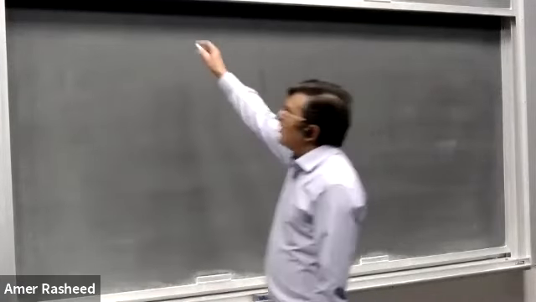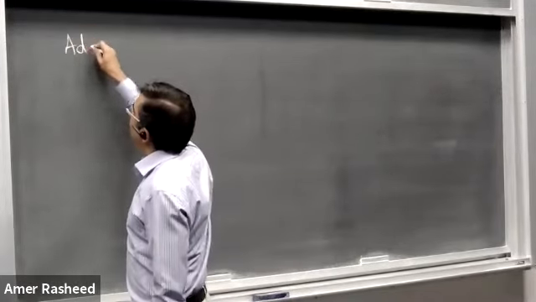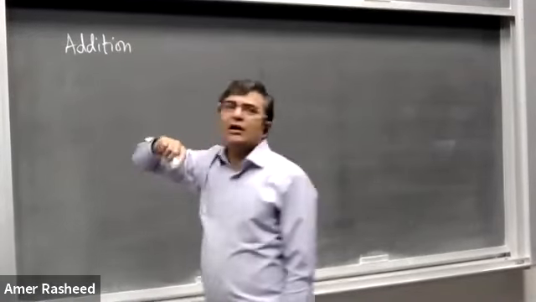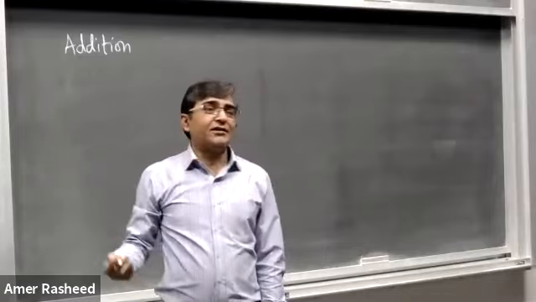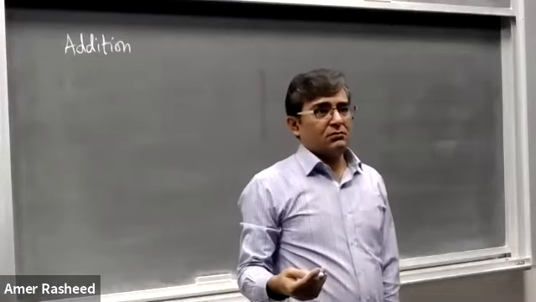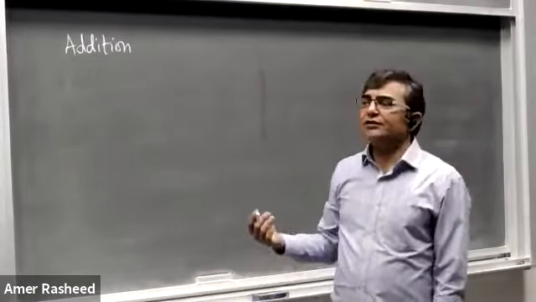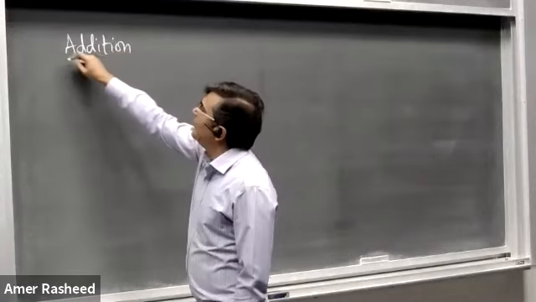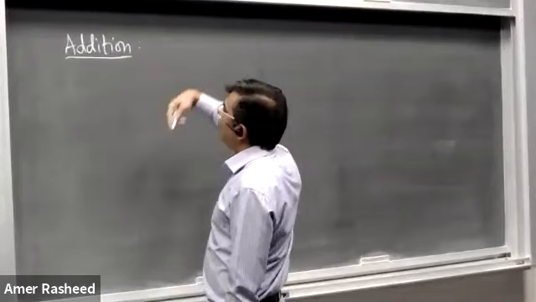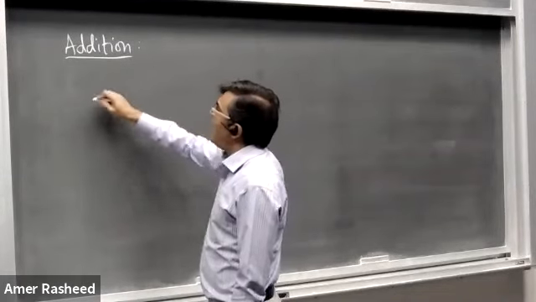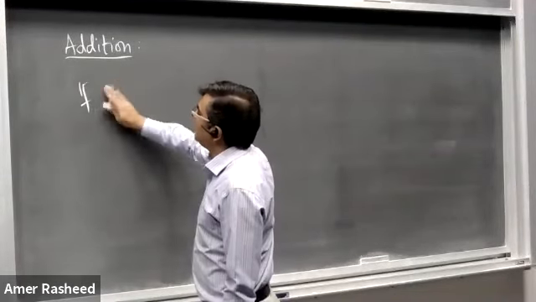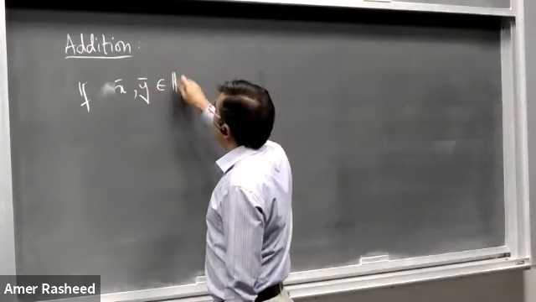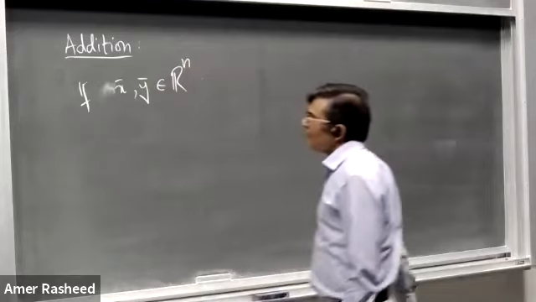Now let us discuss how to add and subtract these kinds of vectors, and whether their multiplication is possible or not. How do we do scalar multiplication of these vectors? Addition of vectors: if we have two vectors x and y, they both belong to Rn.